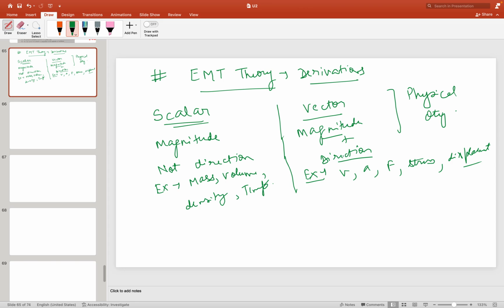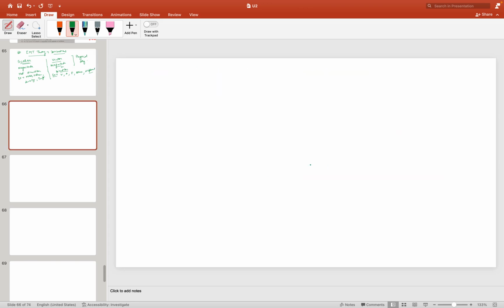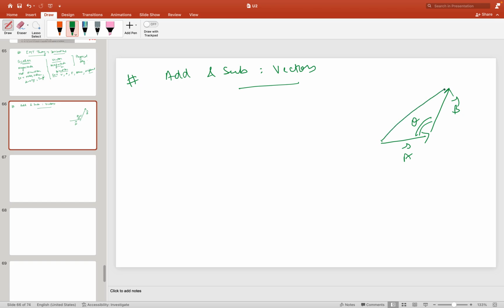Okay. So let us see some basic laws of vectors. First thing is addition and subtraction of vector quantities. How does it happen? If I have two vector quantities, the first in this direction, A vector, the second oriented in some other direction, B vector, and both make an angle theta, the resultant vector is given by joining the start point and end point of the parallelogram.